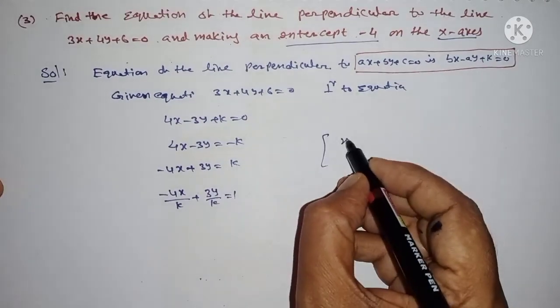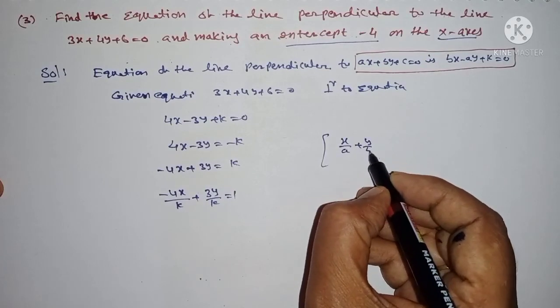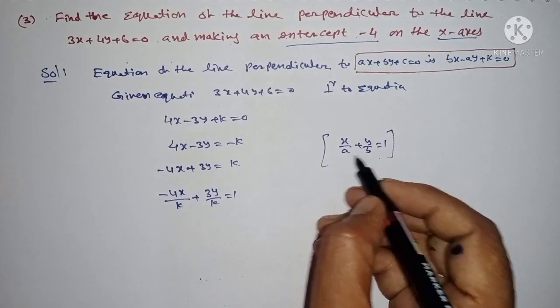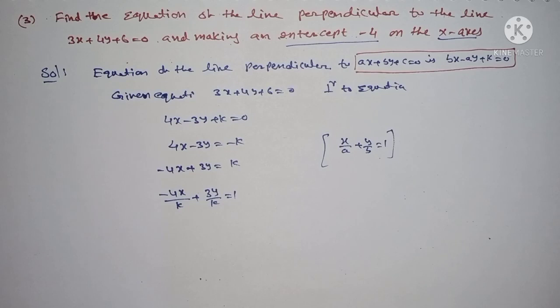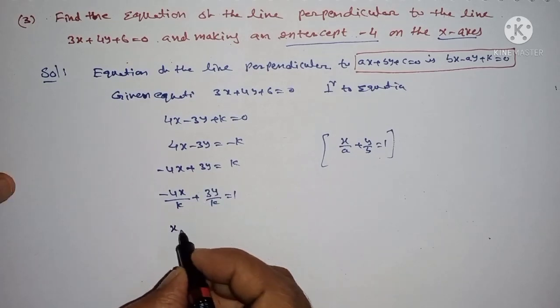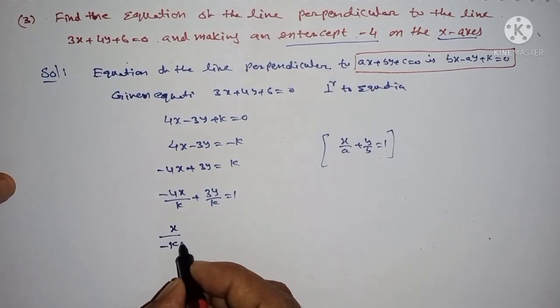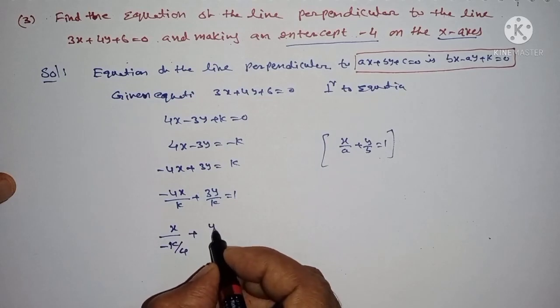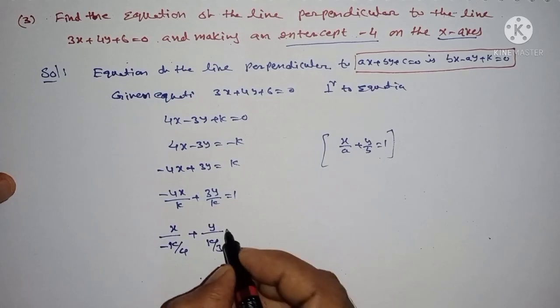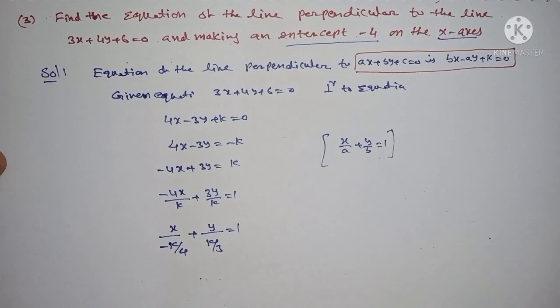What is the intercept form? x by a plus y by b is equal to 1, where a is the x-intercept and b is the y-intercept. Therefore x by minus k by 4, y by k by 3 is equal to 1. This is the intercept form.